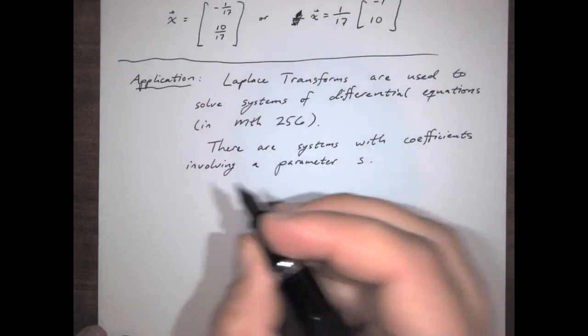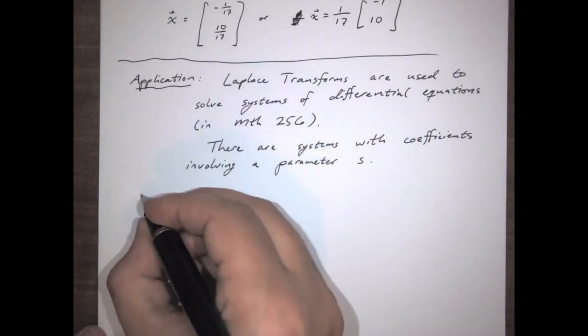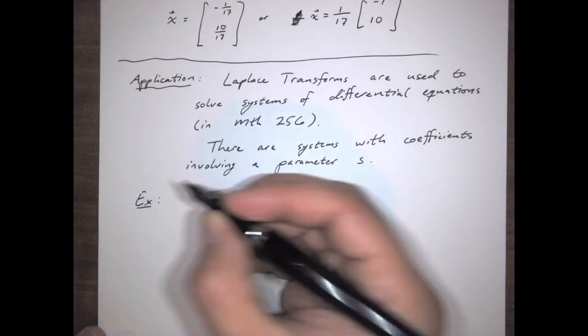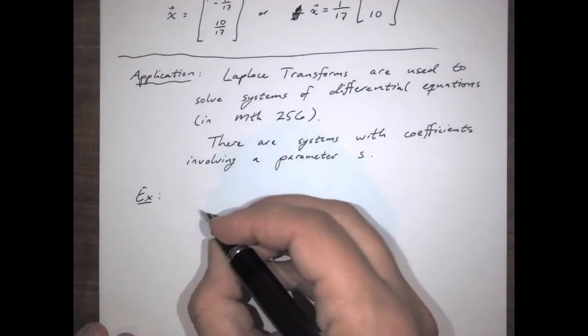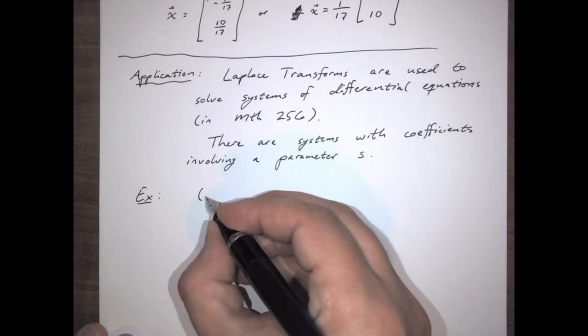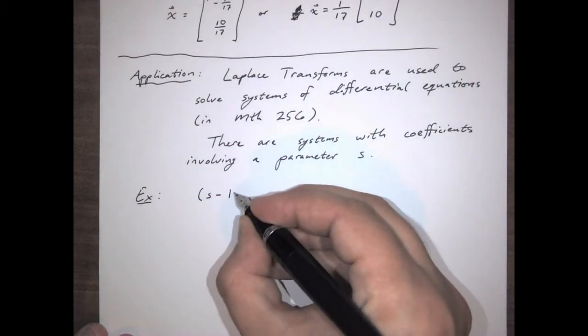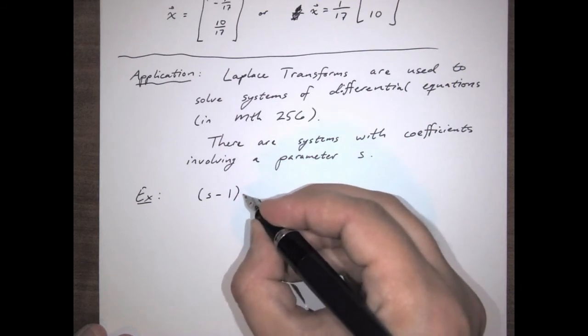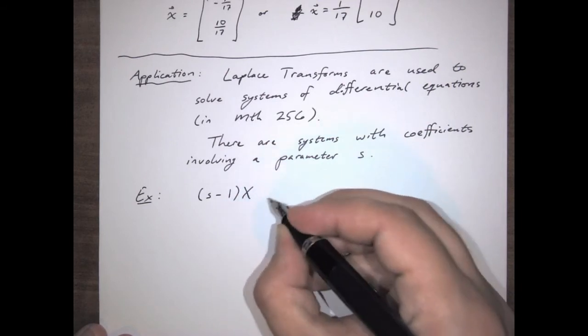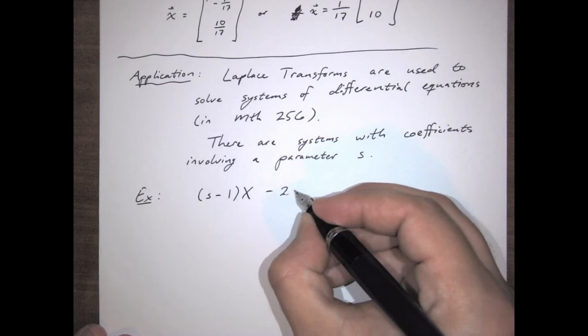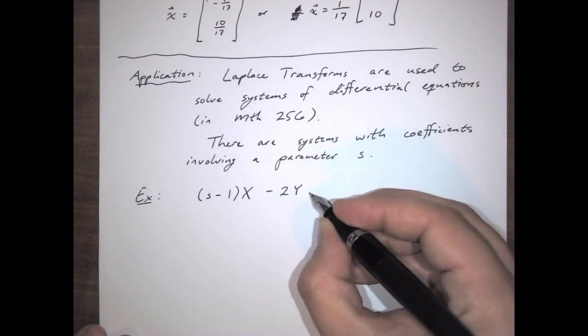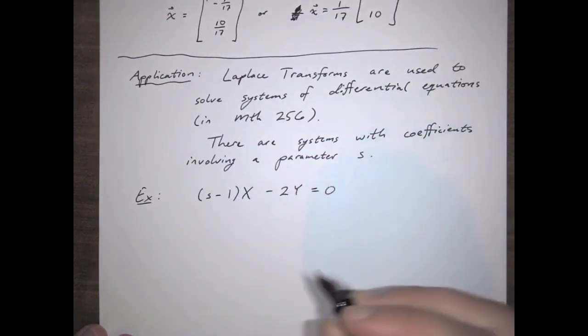So in Math 256, you can have a system such as this. So we can have a system like this, and the way it's usually written, so we'll have s minus 1, then there's a capital X, minus, say, 2y, and that equals 0.